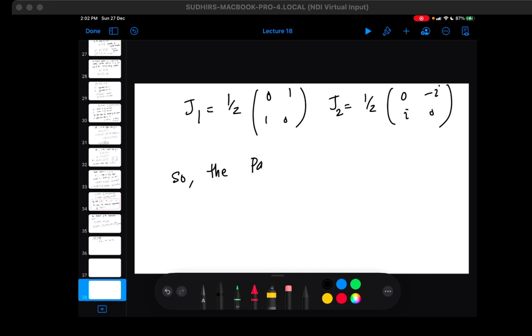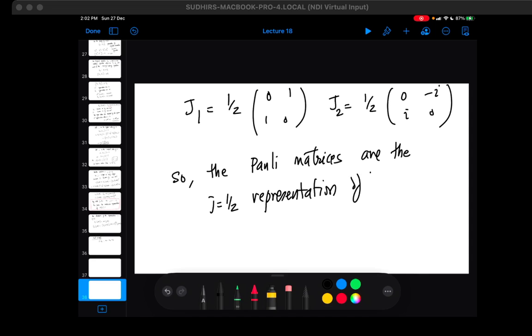So these are nothing but your Pauli matrices divided by two. These matrices are the j is equal to half representation of the SU2 group.